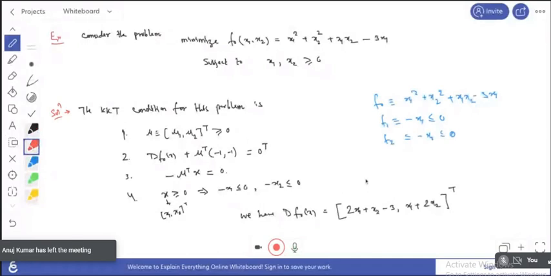Finally, this implies what is the KKT condition? So your KKT condition is 2x1 plus x2 minus 3. Okay, so this thing, the derivative of that minus of mu1, because mu is mu1, mu2, this is minus 1, that equals 0.